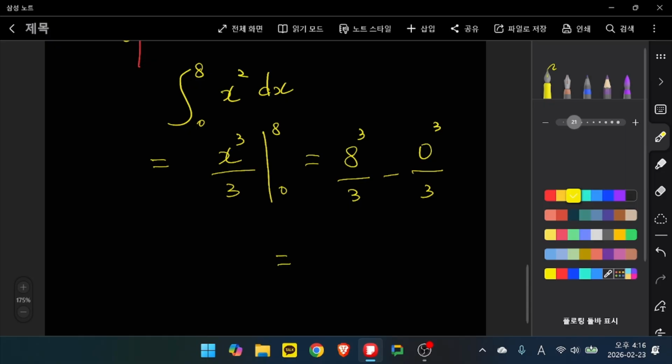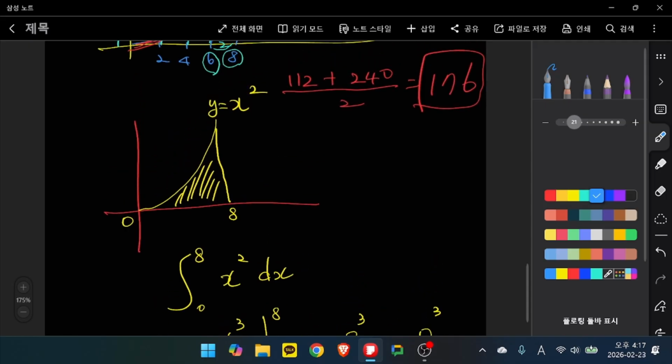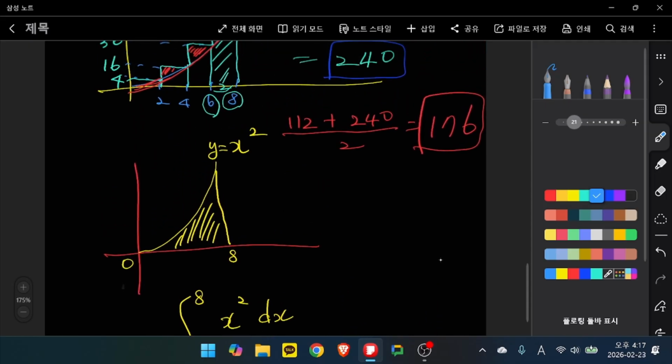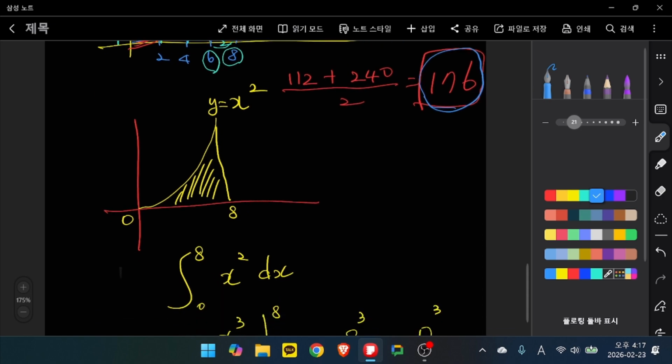So the actual area and the average of the two endpoints is similar.